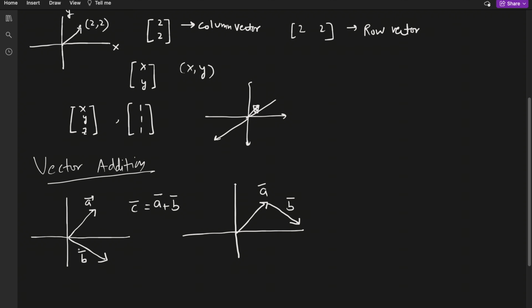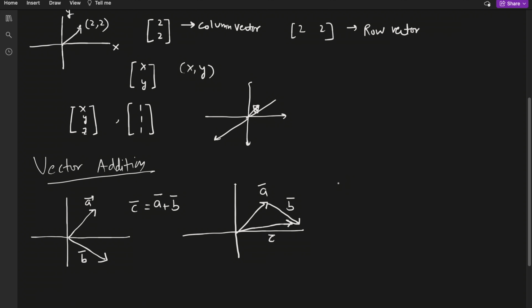So if you see, I just moved this b vector parallelly such that its tail is now at the tip of a. Then we join the tail of a with the tip of b and we get this vector c. So this is how vectors are added.